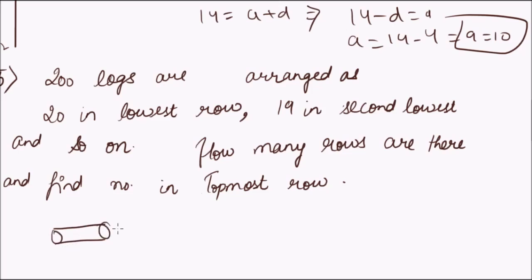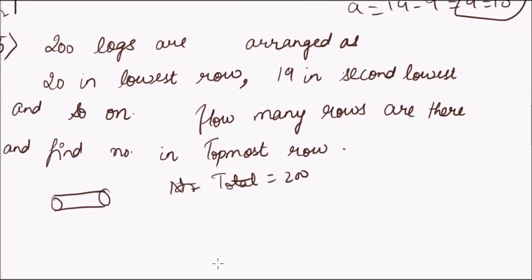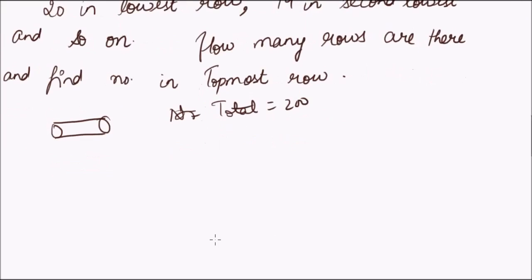These are 200 in number, that is, their total is 200, and they are arranged with 20 in the lowest row. There is a row and we have arranged 20 in the lowest row. 19 in the second lowest row.